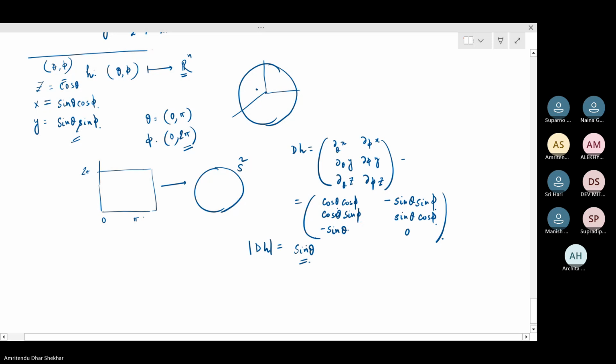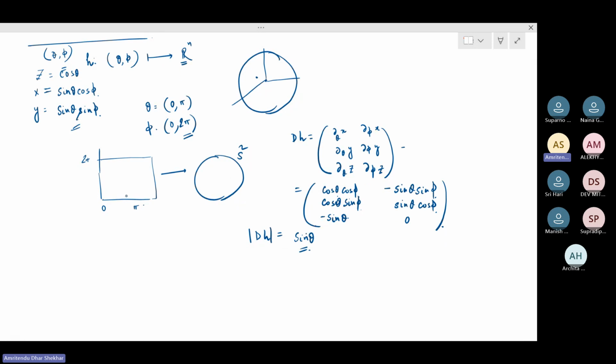So when you pull this function back to this theta phi domain, it becomes an integral of f over this theta phi domain, but you have to multiply by sine theta, and then you can do d theta d phi. This is over the theta phi domain, which is 0 comma pi cross 0 comma 2 pi.